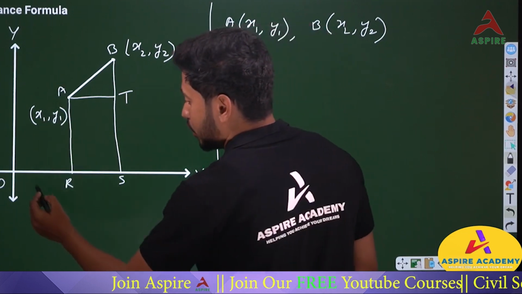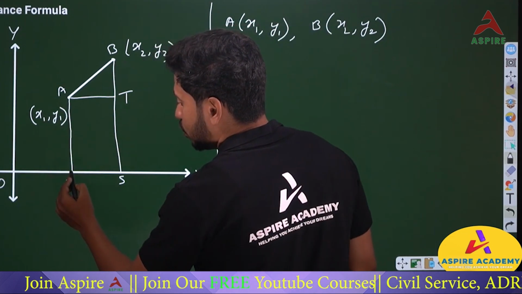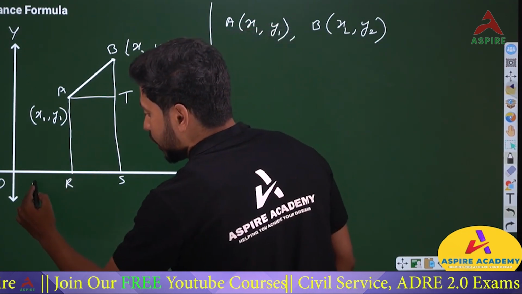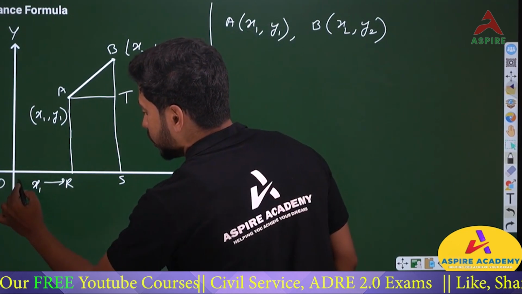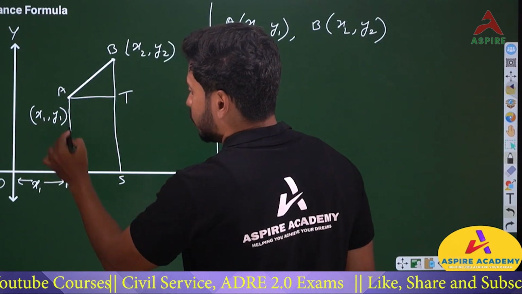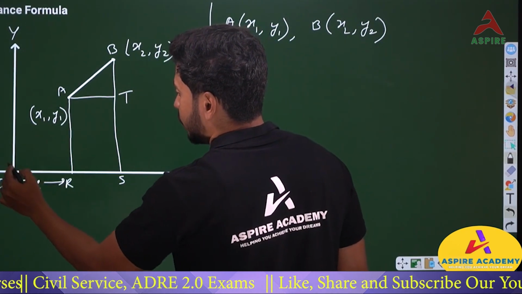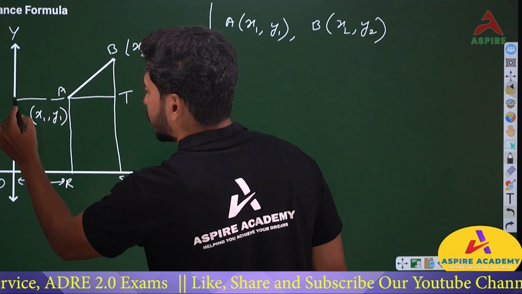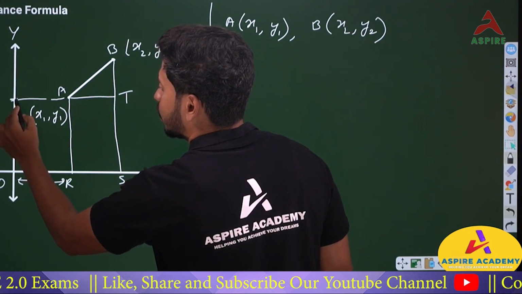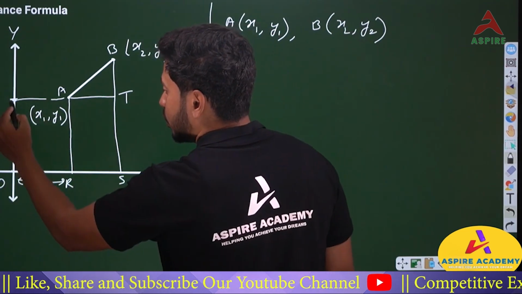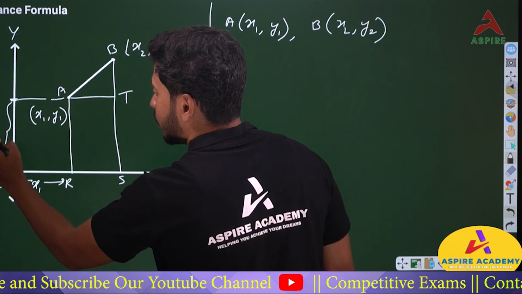So from O to R, this is x1, and from O to this point, this is y1.